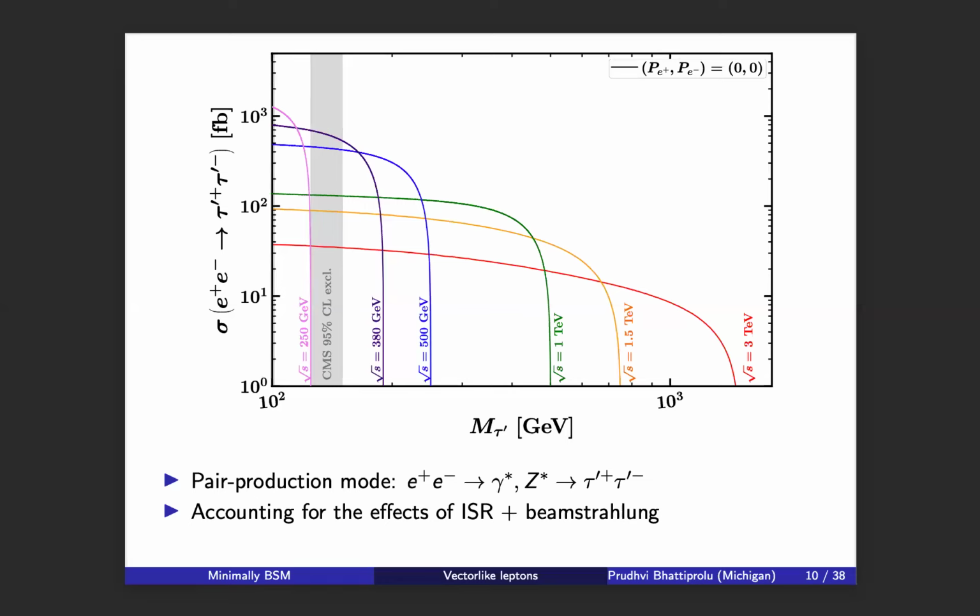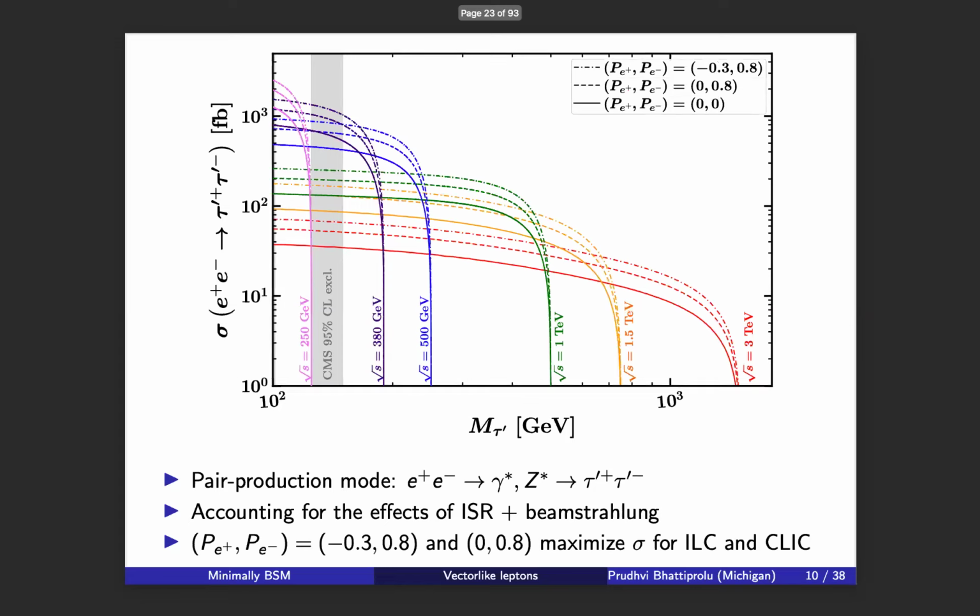Here I'm assuming the beams are unpolarized, but you could also polarize the beams; the dashed and dash-dotted lines maximize the cross section at CLIC and ILC, for example. For demonstration I'll just talk about unpolarized beams, but the conclusions would still hold for other polarization options.